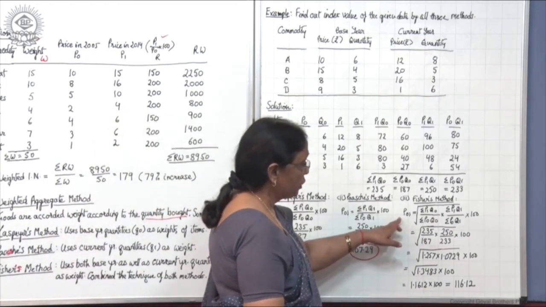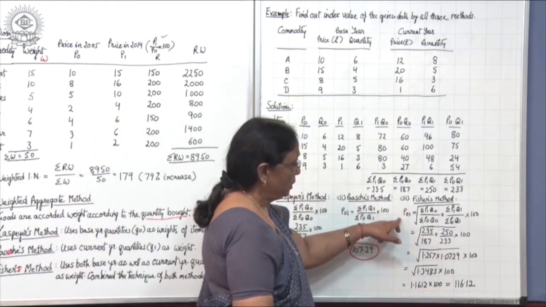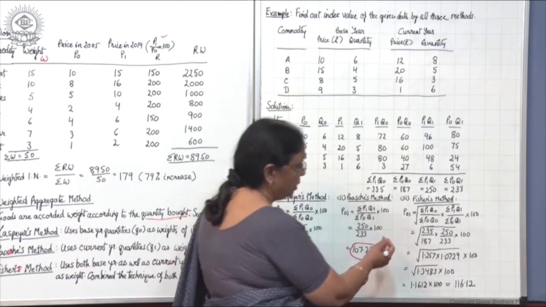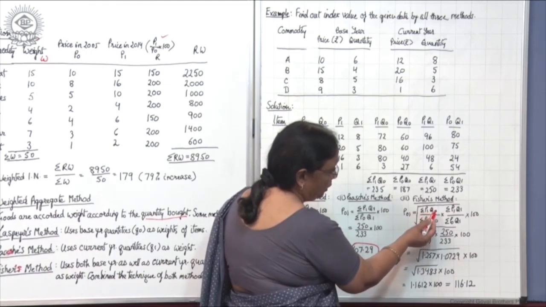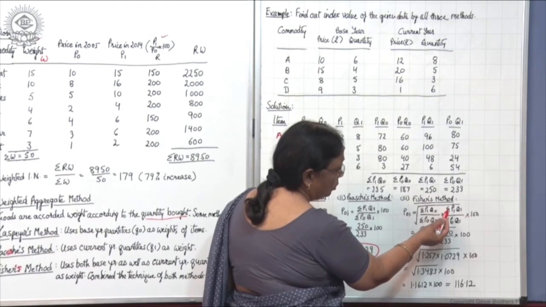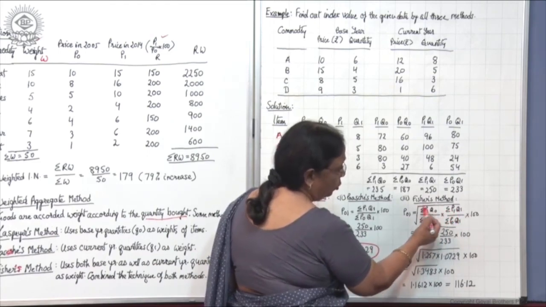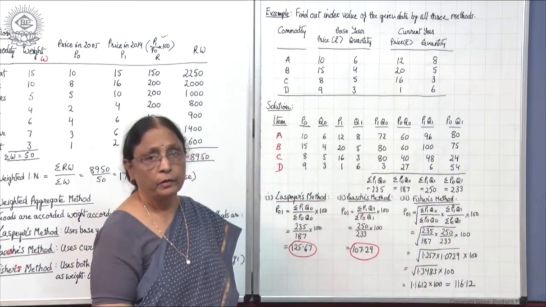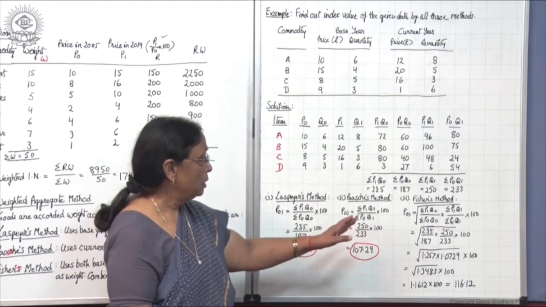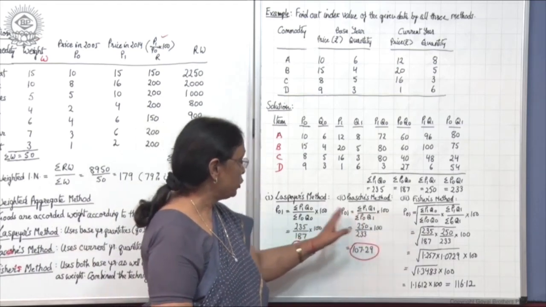Third is Fisher's method. The formula for this is P01 is equal to sigma P1 Q0 upon sigma P0 Q0 into sigma P1 Q1 upon sigma P0 Q1, whole under root, into 100. This is the formula which is the combination of these two.